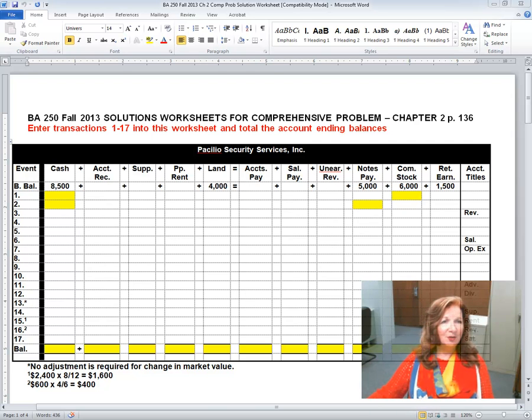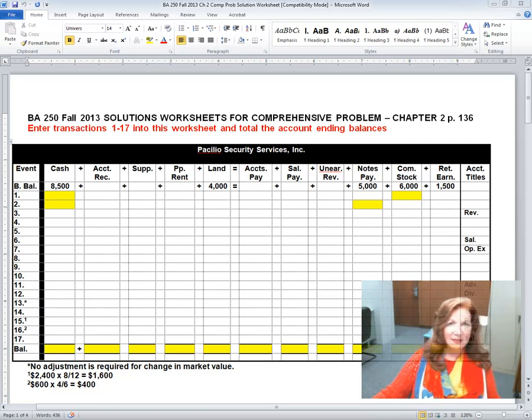Now, the first row going across has the beginning balances. The beginning balances are given in the little box on page 136, and I left those in there for you so you don't have to add them this time.